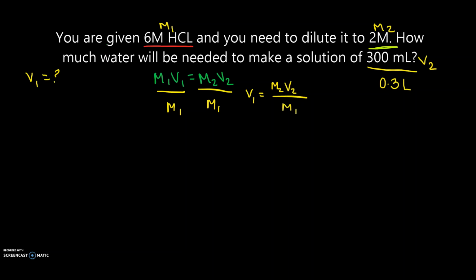Such that if we just want V1, we could just rearrange the equation and be left with V1 equals M2 times V2 over M1, in which then we don't have to mess around with the numbers. So our M2 is 2 molar times the volume 2, which is 0.3 liters, over molarity 1, which is 6 molar.